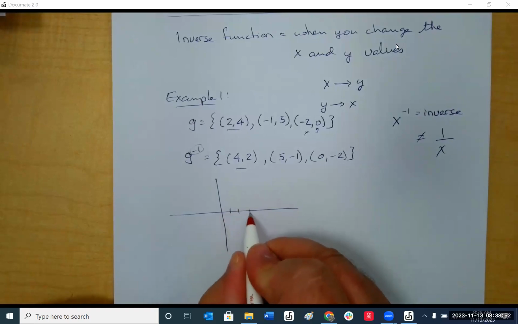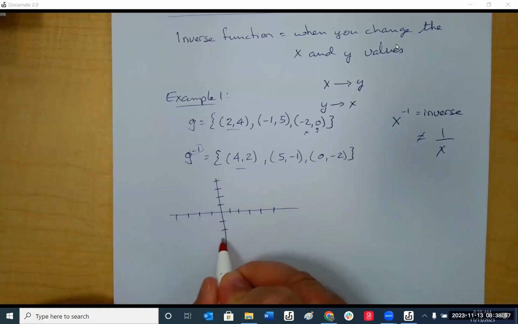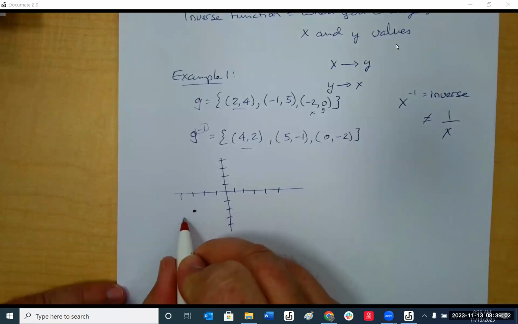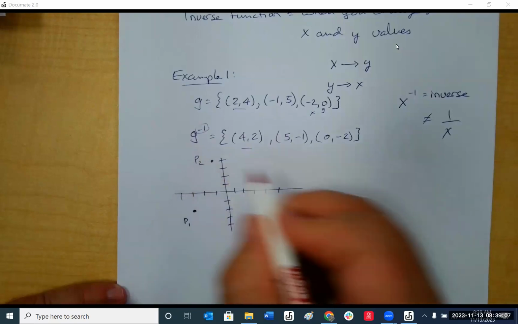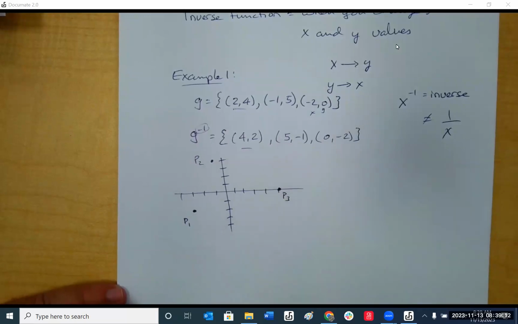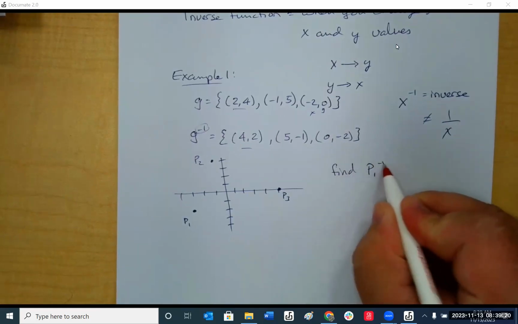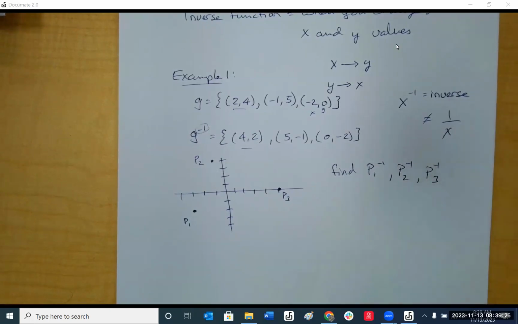Graphically, this is my point 1. This is my point 2. This is my point 3. Find the inverses of all 3 of these points.